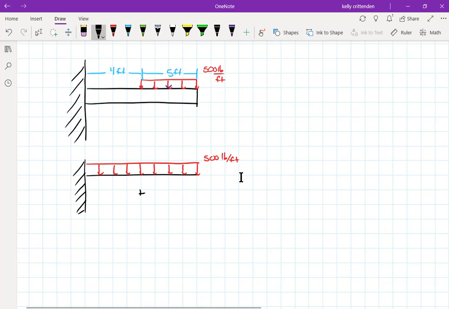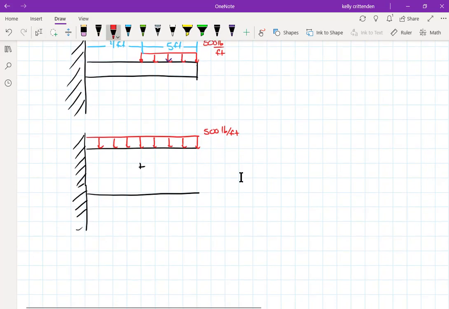So I need to add, let's do some more down here, this guy. I need to add actually a negative, or opposite, I'm going to draw it upwards, 500 pounds per foot.